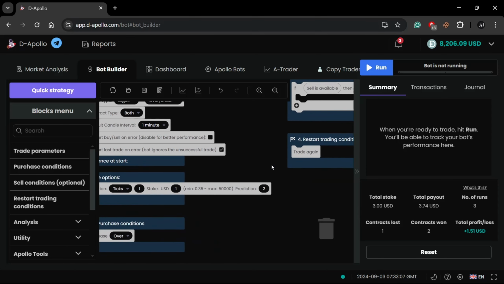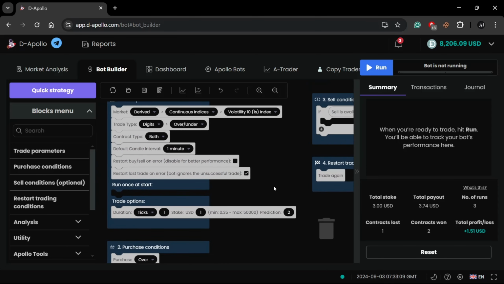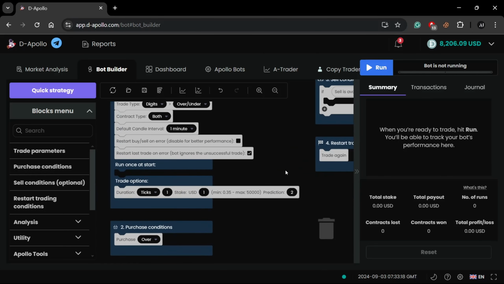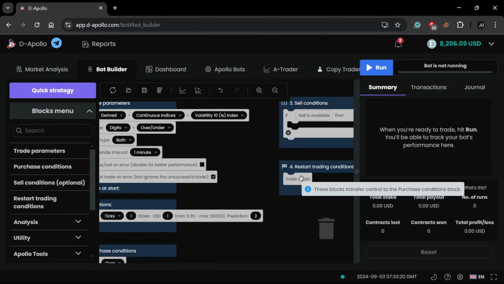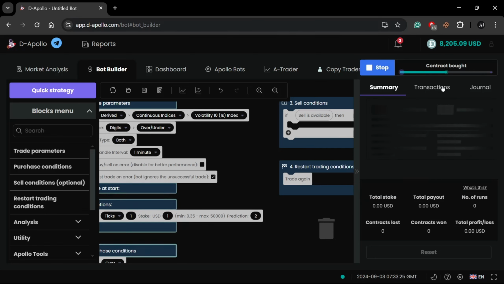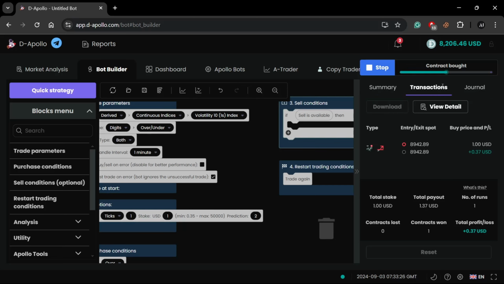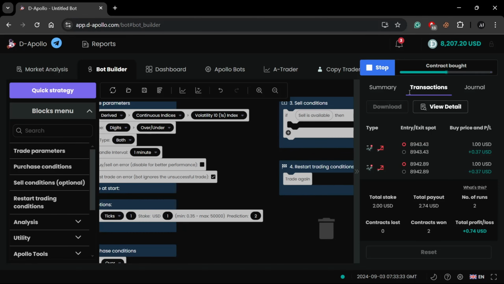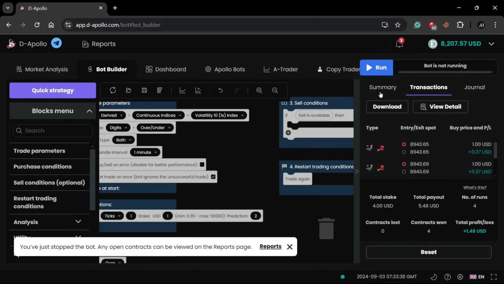If I run the bot with over 2, notice that we have the trade again here. So if I run it, we see it continuously keeps on purchasing contracts. Okay, you see I've stopped it.